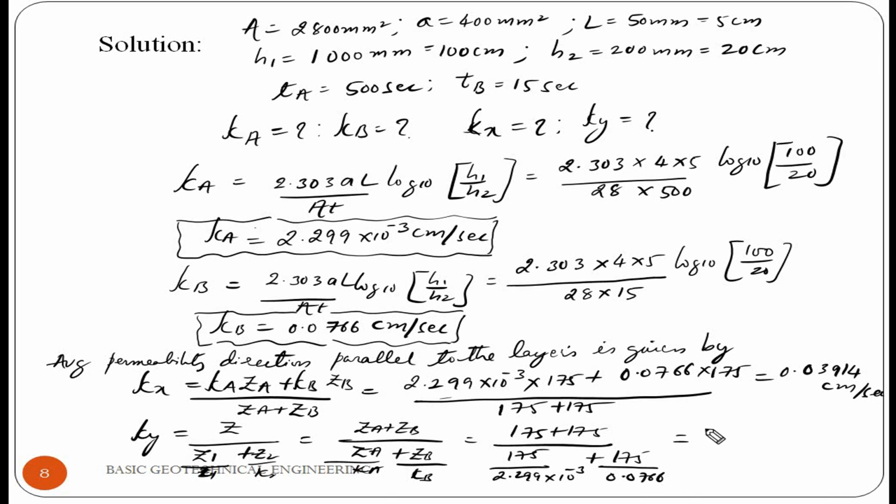So the Ky value comes around 4.464 into 10 to the power of minus 3 centimeter per second.